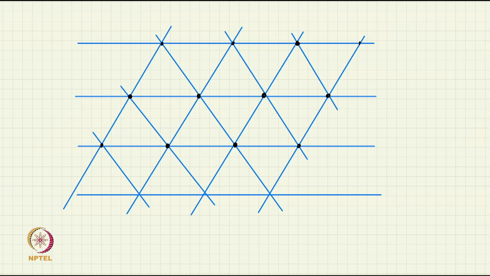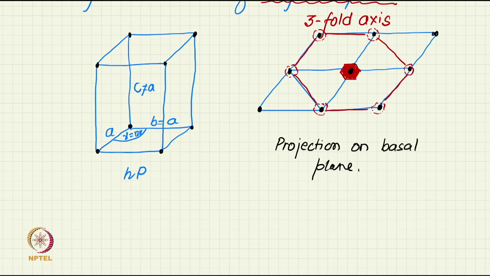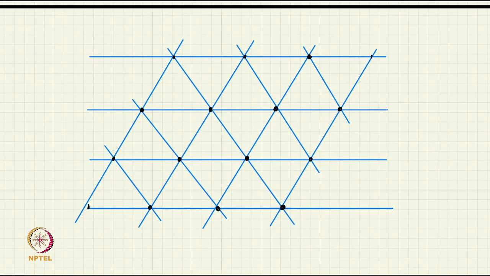The base of the unit cell of course is a rhombus, but I have divided each rhombus into equilateral triangles just for visualization. And instead of what I told, that you have a six-fold axis passing through each lattice point, which is what is also happening here, if I decide to place a three-fold motif, one of those 5 point groups having a three-fold axis, and if I align the three-fold axis parallel to the C axis.